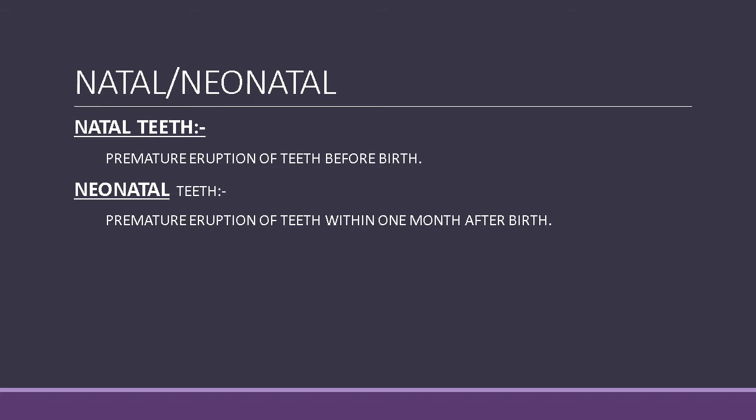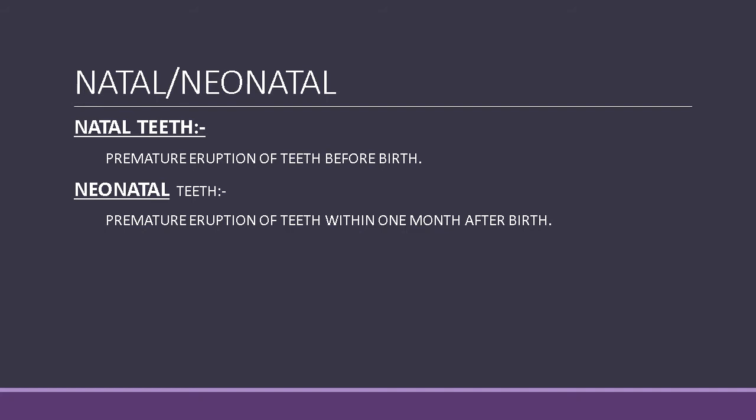Neonatal teeth means premature eruption of teeth within 1 month after birth. When the child is born, you will see in the oral cavity there are no teeth at that time.